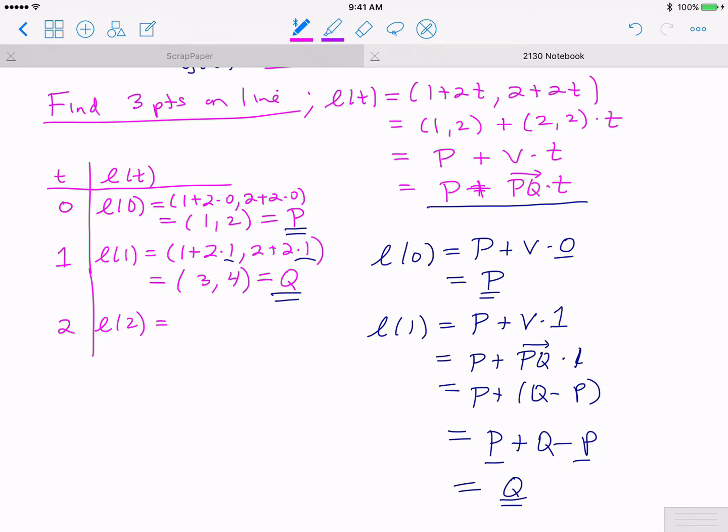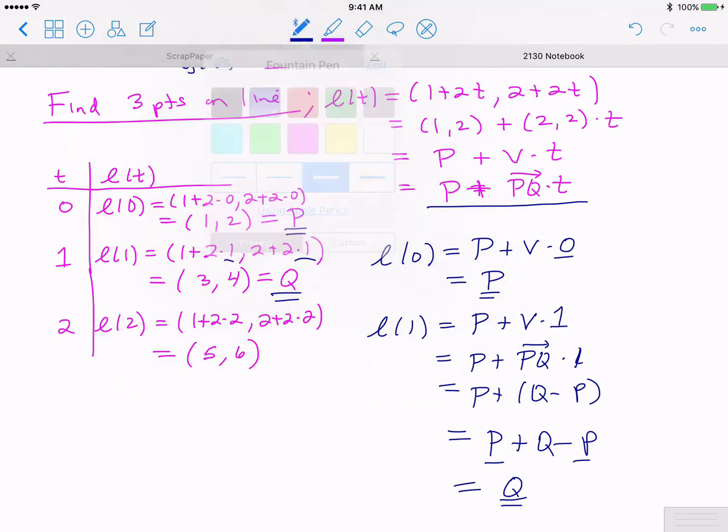So for a third point, you can just use any time that you wish, time 2, so L of 2. A couple ways to do that. You could just put in 2 wherever you saw the t, which would give you (5, 6). Or you could have used the vector form.